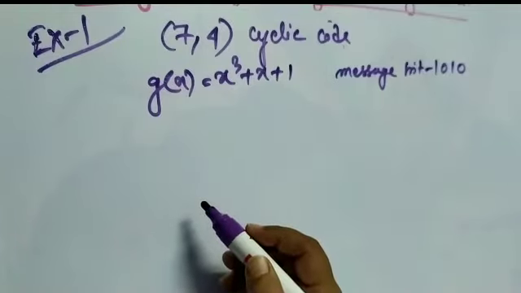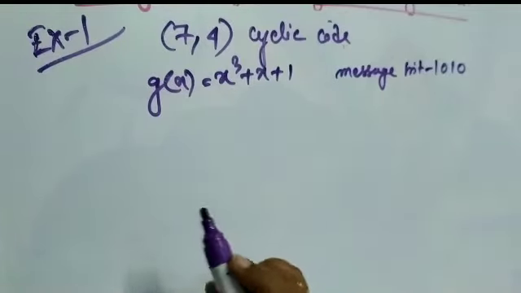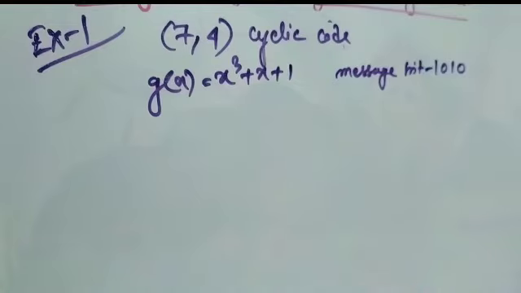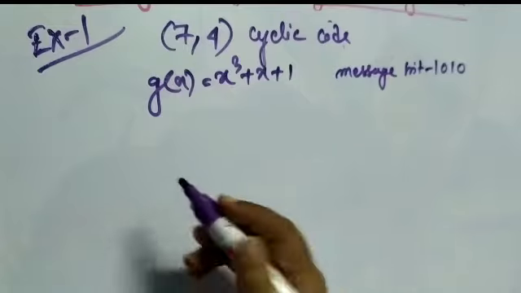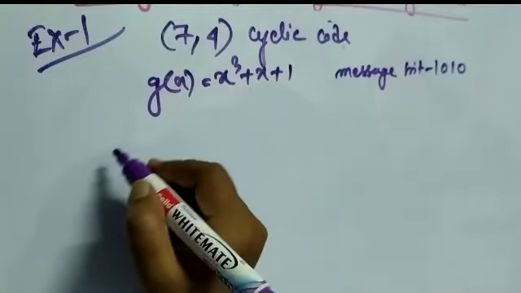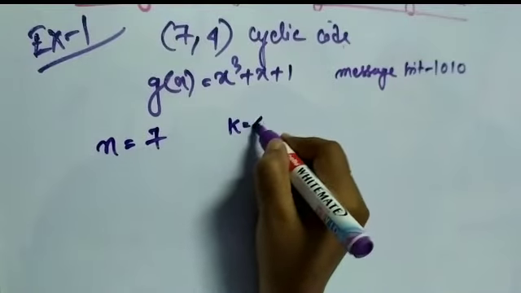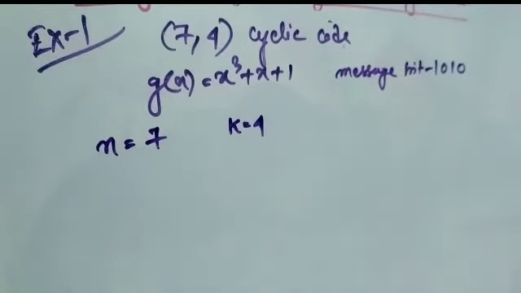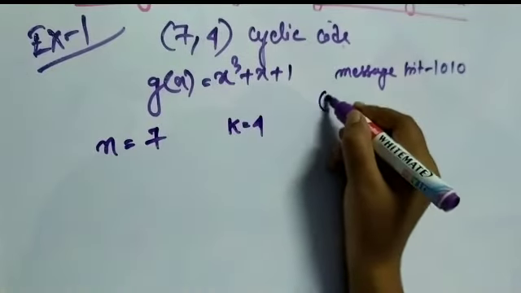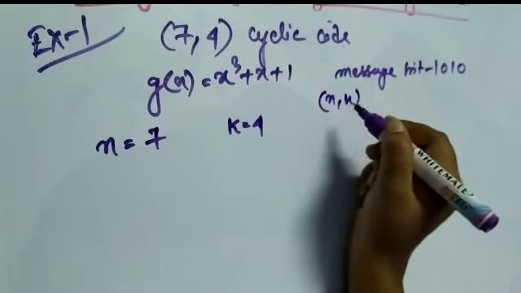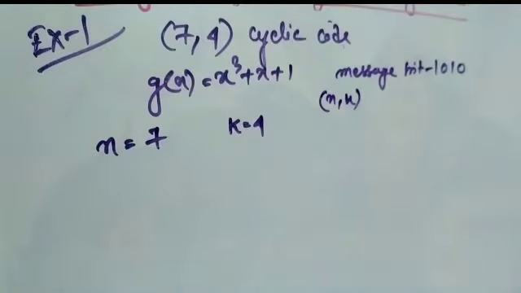So your task is to find out the systematic code word, or find out the code word using the systematic way. From this code we can easily find out that n here is 7 and k is 4, because we already know the block code is defined by (n,k), where n is the number of bits present in a code word and k is the number of information bits present in that code word.